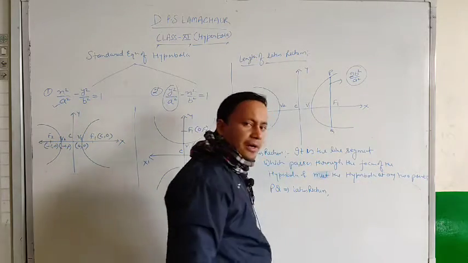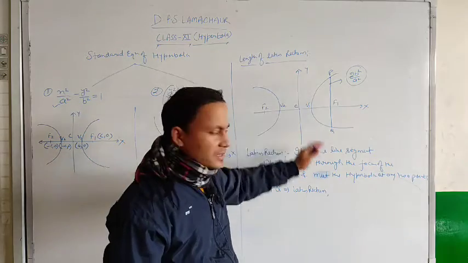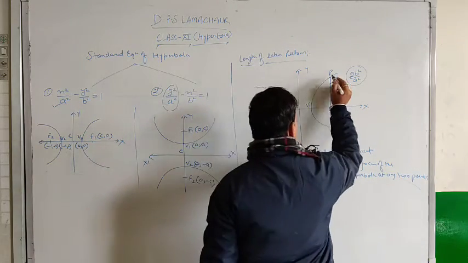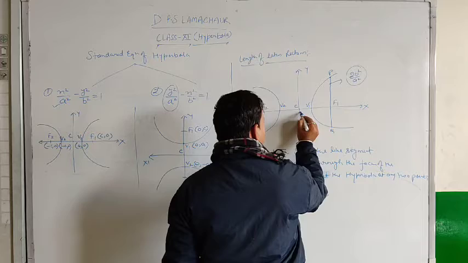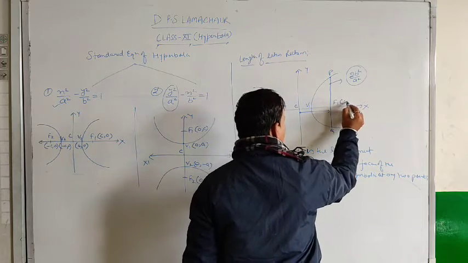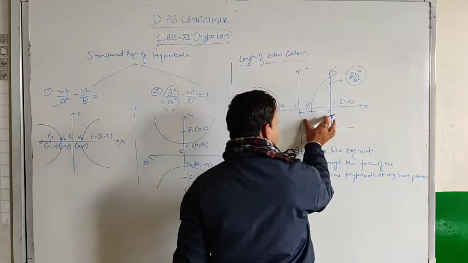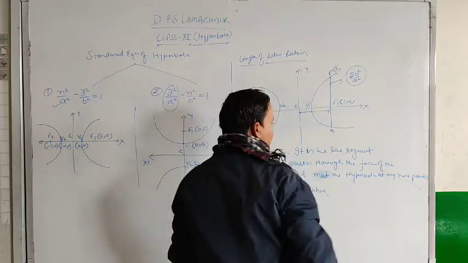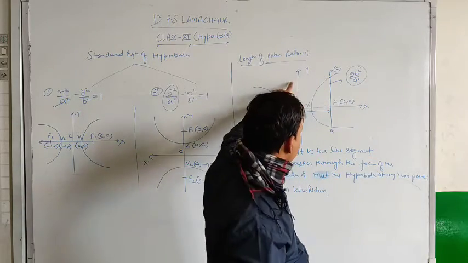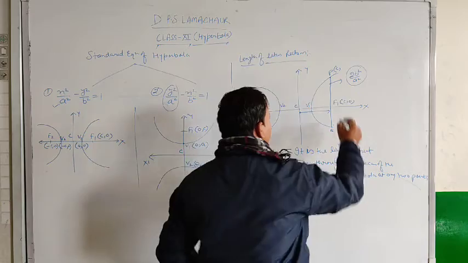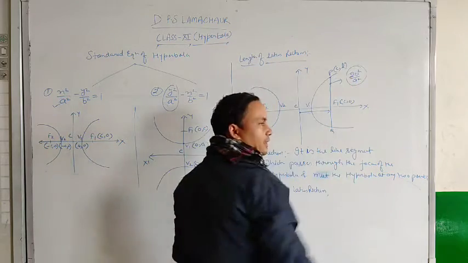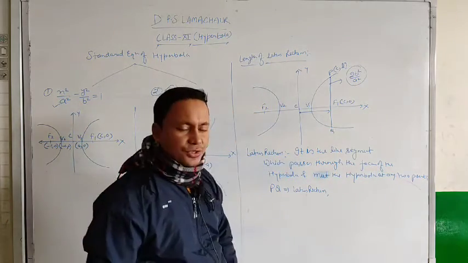If you want to find the length of latus rectum, for that you have to take a point here, let the length from this to this be c. So the x coordinate will be c, and the y coordinate, the distance it covers in y, let it be L. Now substitute the coordinate of point P in the equation of the hyperbola.